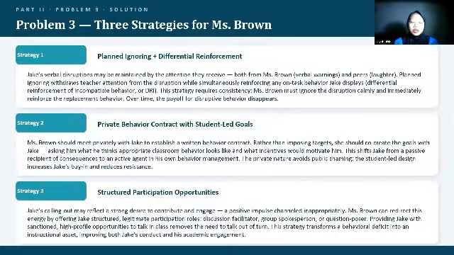Three strategies for Miss Brown. Strategy 1. Planned ignoring plus differential reinforcement.